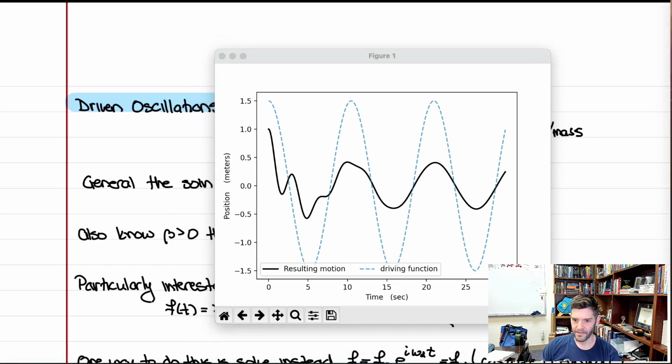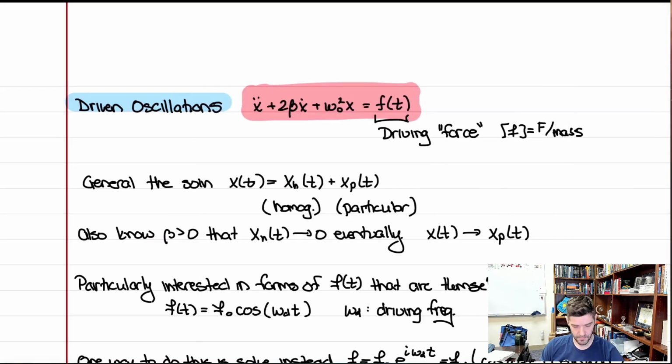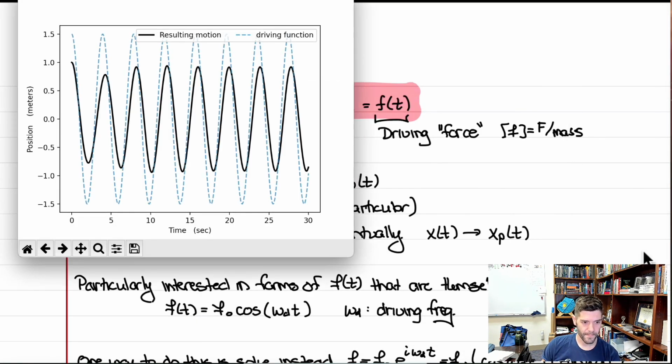And if I make the driving frequency a little bit higher, maybe something that's close to resonance, again, notice you get some kind of weird stuff going on, but then after the homogeneous part dies away, it essentially looks exactly the same from here on out, but it's matching something that's more akin to the driving function instead.